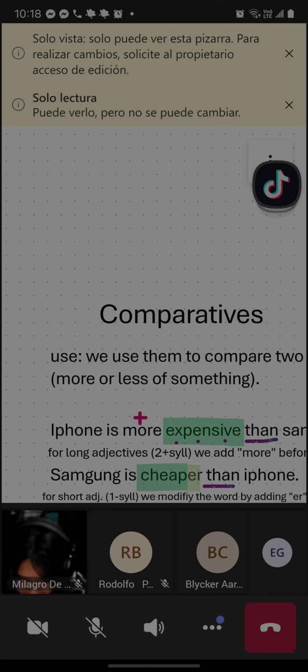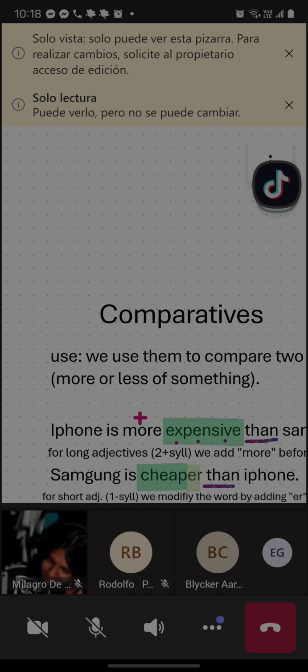Okay? Now, there are some exceptions. For example, do you look happier than last year? So in this case, I have a 2-syllable adjective. How many syllables does happy have? Exactly, we have 2. So why am I saying happier?